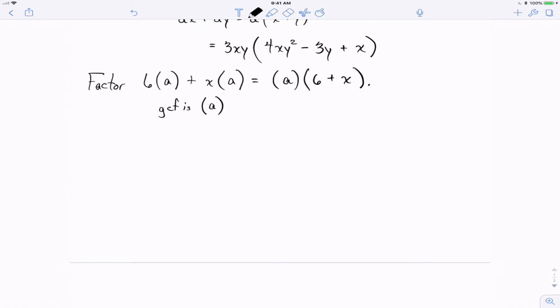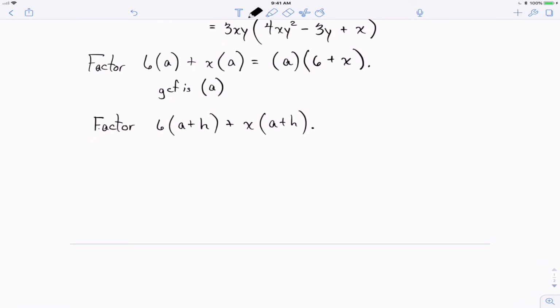Now, watch what happens if we make one simple extension. Maybe we write the problem like this. Factor 6 times a plus h, plus x times a plus h. What if the a has something else with it? To be more precise, I should rewrite this as 6 times a plus h plus x times a plus h.